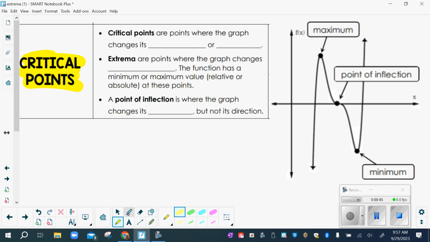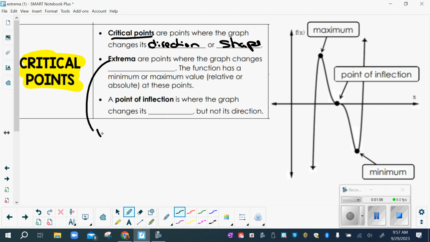And those critical points are two things that happen. Either the graph changes its direction or it changes its shape, right? Now, the first ones are the most obvious, and we call those extrema. And really, another word that we use for those sometimes is vertex, right?